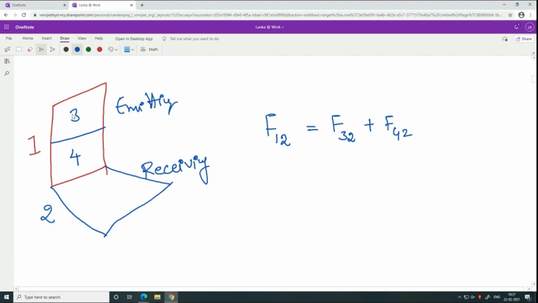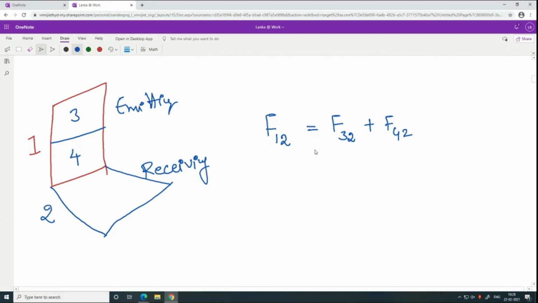Now, what is F32? Some portion of 1 is sharing with 2, and 4 is the other portion of 1 sharing with 2. So obviously the shape factors will be taken like this, because shape factor is nothing but the amount of heat exchange happening between a body and the other body.